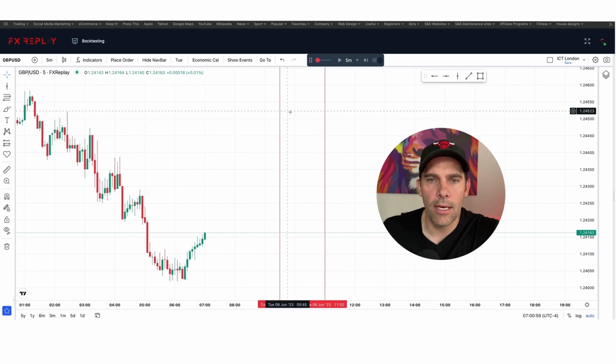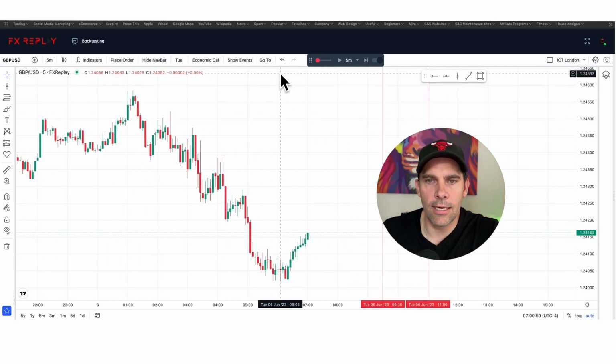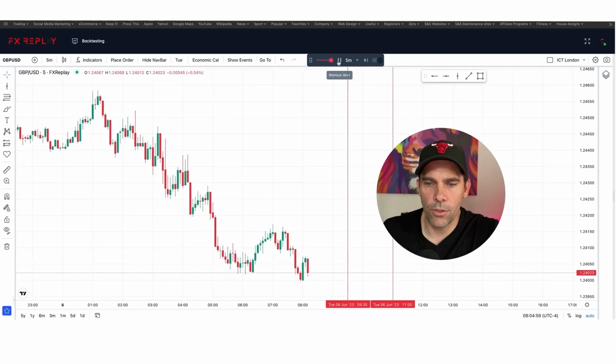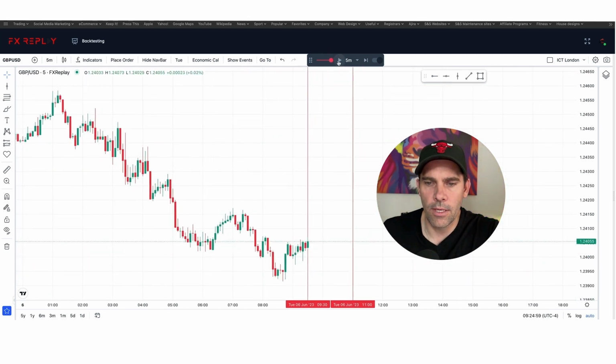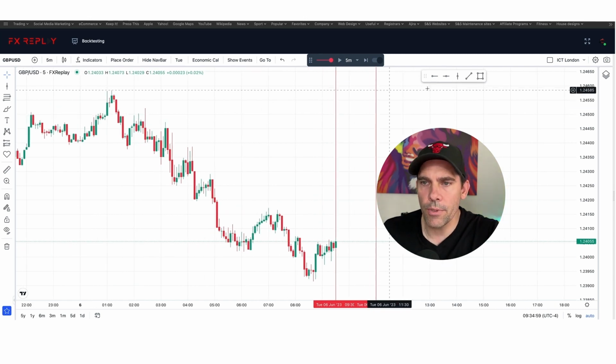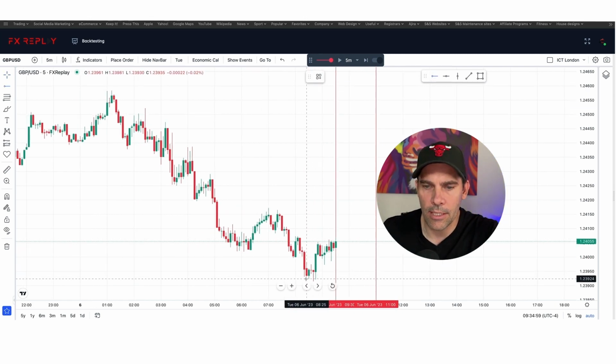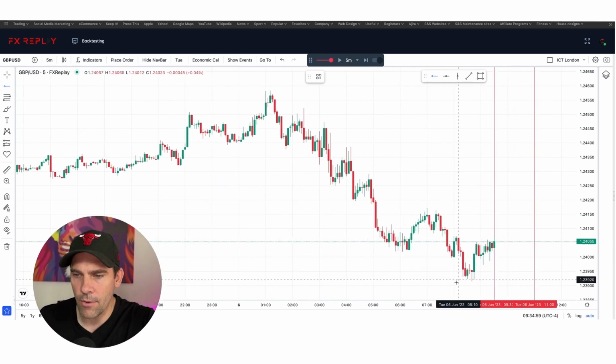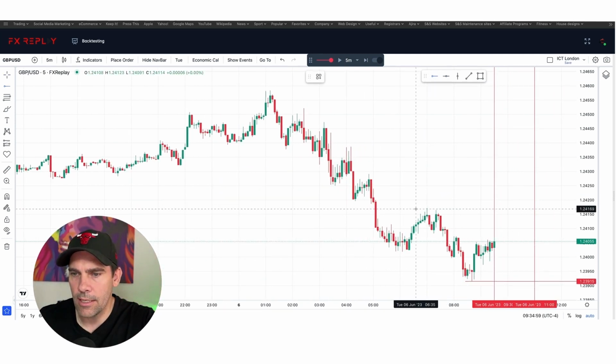Okay, so let's play this through, guys, exactly like we did before. Let's just move this there. Let's get this all the way to that point right over there. Okay, so what do we see right here, guys? Obviously we see there is this area there, which I am marking up, and then I want to see that high get broken over there.